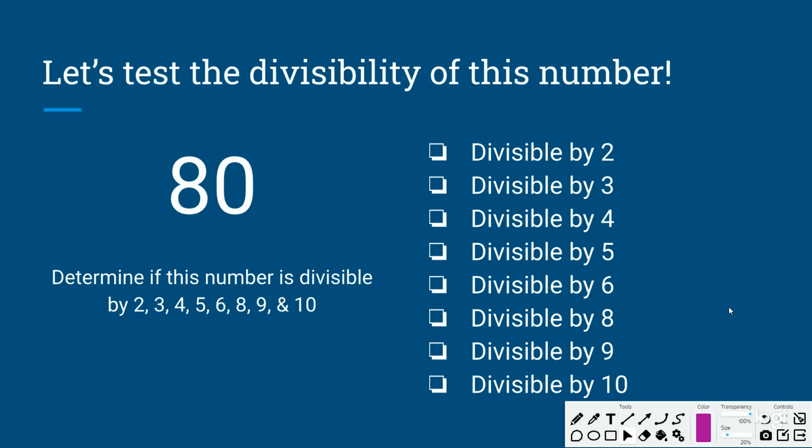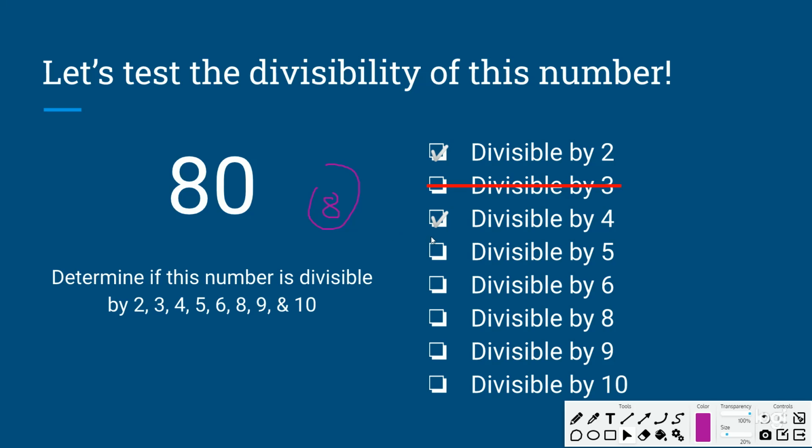The last example is 80. So 80 ends in a 0, so that means it is divisible by 2. If I add 8 plus 0, I get 8. Is 8 divisible by 3? No, it is not. The last two digits, 80. Is 80 divisible by 4? Yes. For 5, does it end in a 5 or a 0?